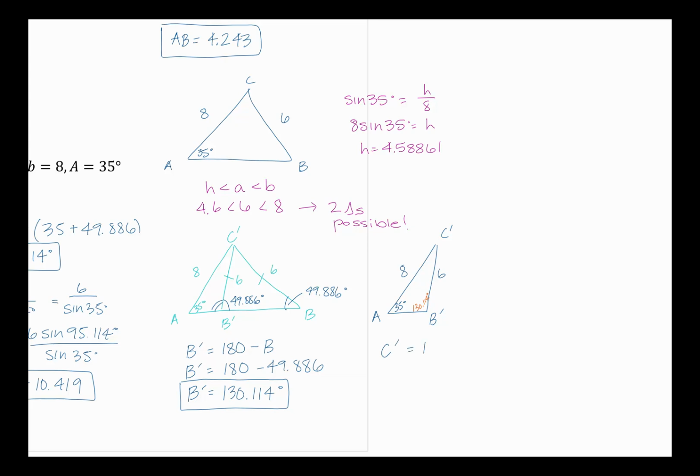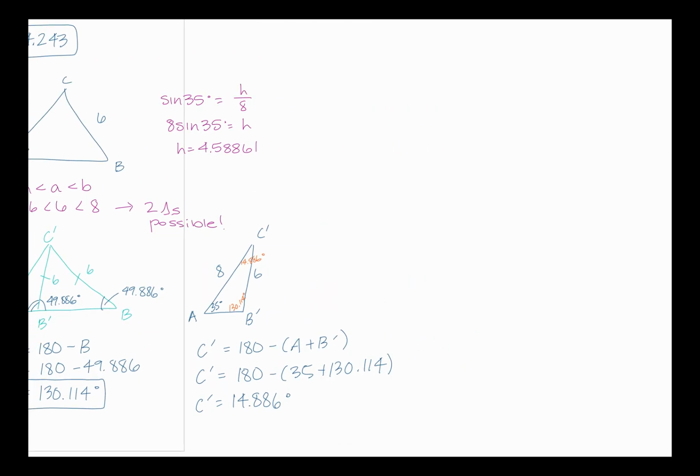C prime would be equal to 180 minus A plus B prime. 180 minus 35 plus 130.114. So C prime must be 14.886 degrees. And so this guy in here would be 14.886. And then now to figure out what AB prime would be, I can just do the law of sines again.